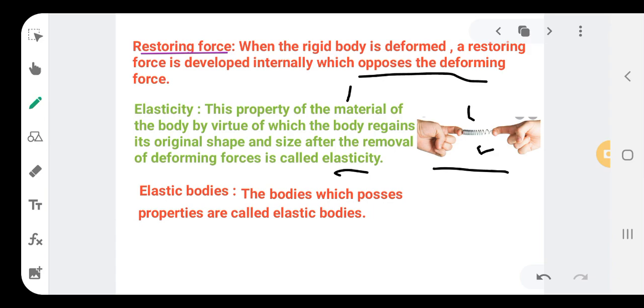Example, elastic bodies. What is next? Let us see. What are elastic bodies? The bodies which possess the property of elasticity are known as elastic bodies.